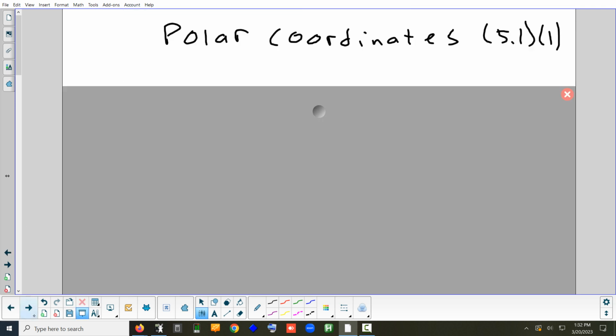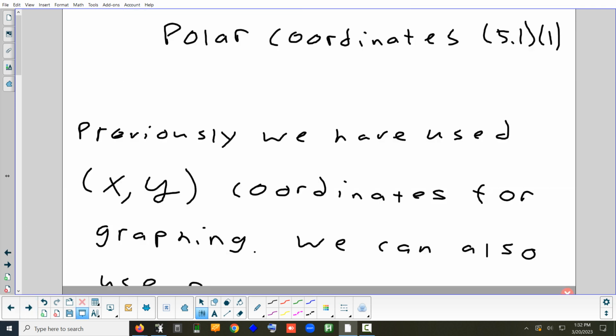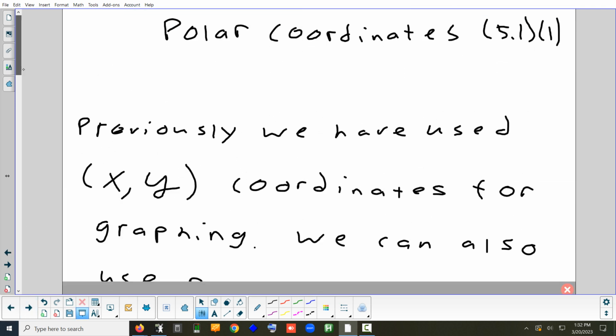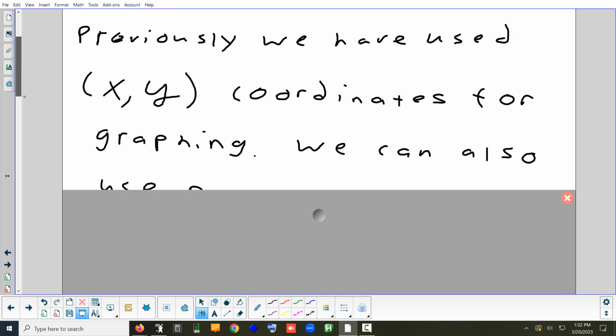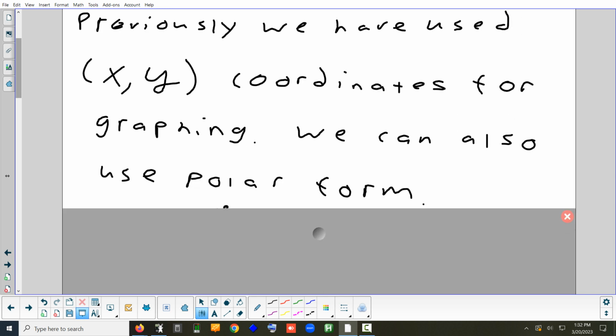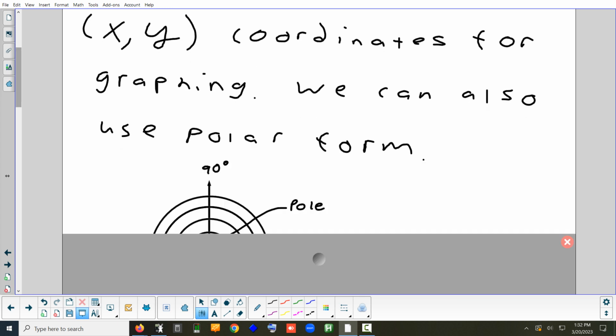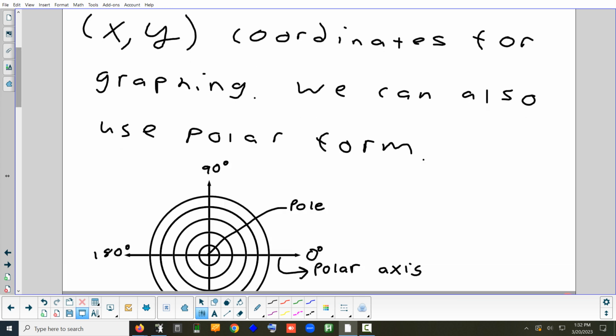Okay, how do you graph a point? So XY system, that's what we're used to. We're going to look at what's called polar form. Okay, the biggest difference in polar form is the graph paper doesn't use a rectangular or square grid.